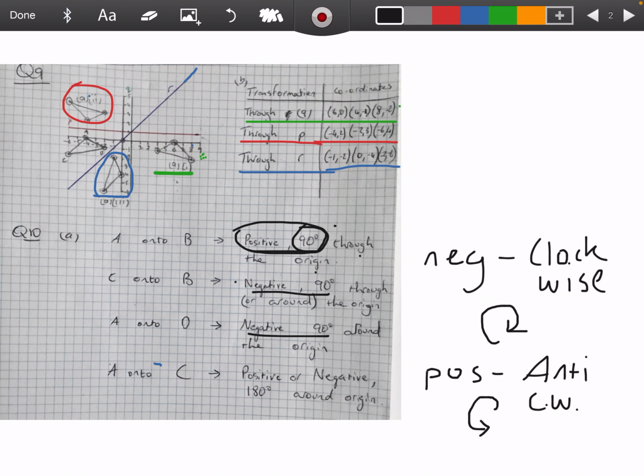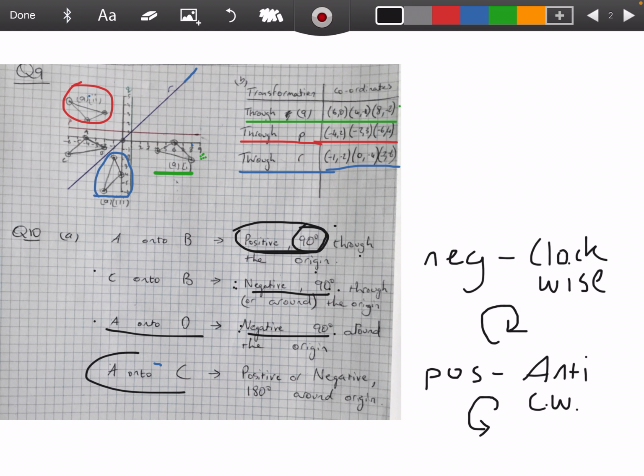And again, you could say the same for the second one and the third one. Instead of negative 90 degrees, you could say positive 270, and in the third one you could say positive 270 as well. That would also be correct. So if you wrote that down, that's fine too.